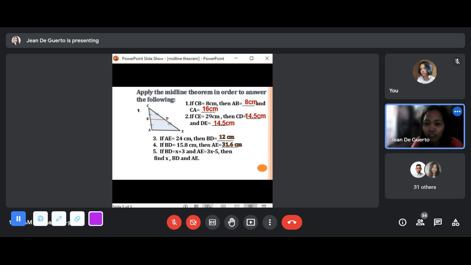Who has a different equation? None. Okay, so your equation can be like this. BD is equal to 1/2 of AE. Midline is equal to 1/2 of the third side. Or you could have AE, our third side, is equal to twice the length of the midline. Which is actually what you applied in answering number 3 and 4.